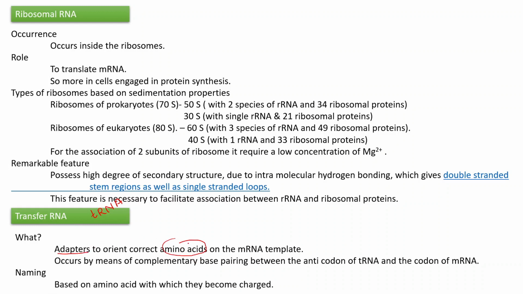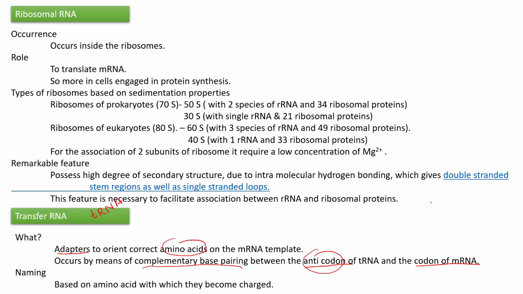It transfers amino acids to the mRNA template. But the complementarity in base pairing between tRNA and mRNA is mainly based on the complementarity between the anticodon of tRNA and the codon of mRNA. Then what is an anticodon? I will explain to you later in the coming slides.